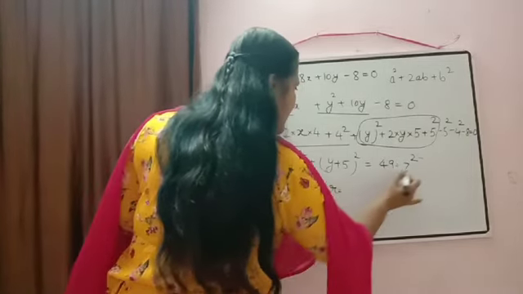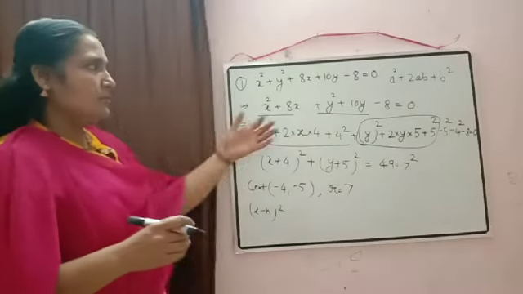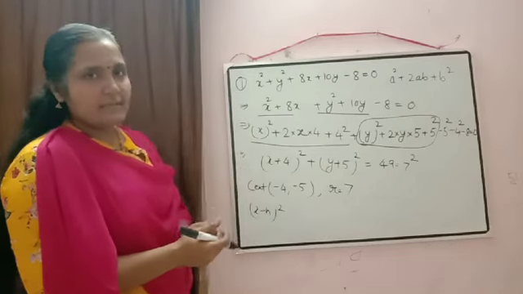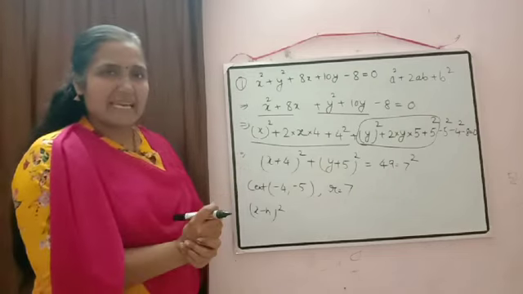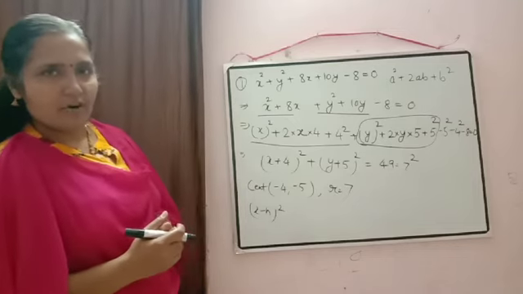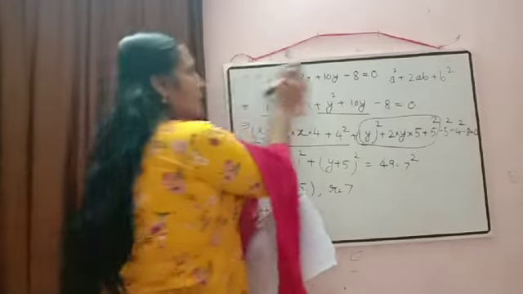And radius, already you wrote 7 square. So radius is equal to 7. So the first formula if you want to use, then you have to do in this way. Otherwise, if you use the second formula, directly the answer will come. So which one is easy for you, that you can use.